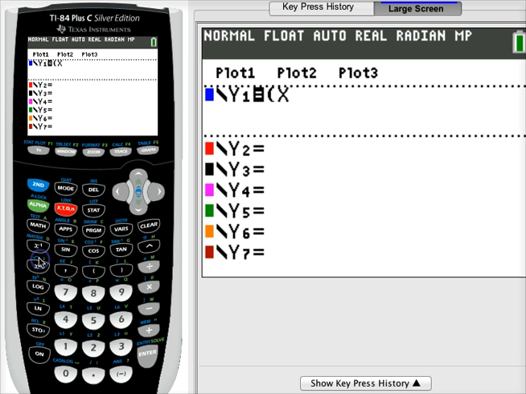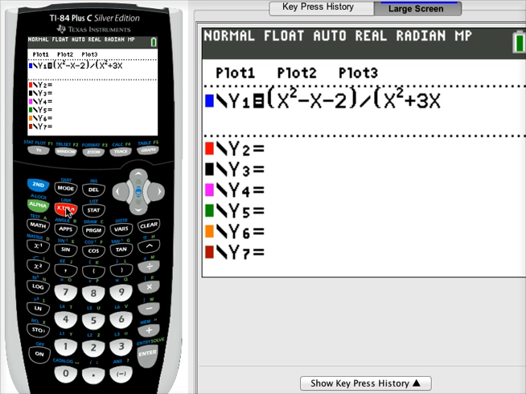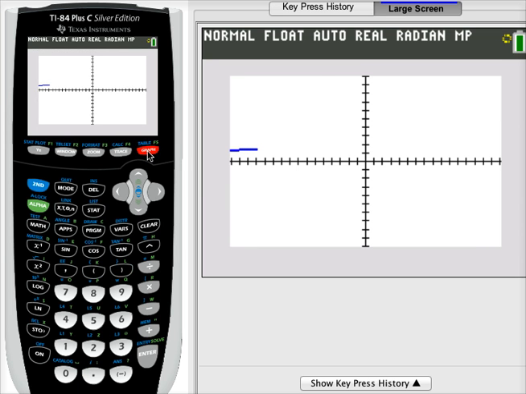So use the full x squared minus x minus 2, divided by, parentheses again, x squared plus 3x minus 10. And let's see what this looks like. And this one, we get something unique, something looking like this.